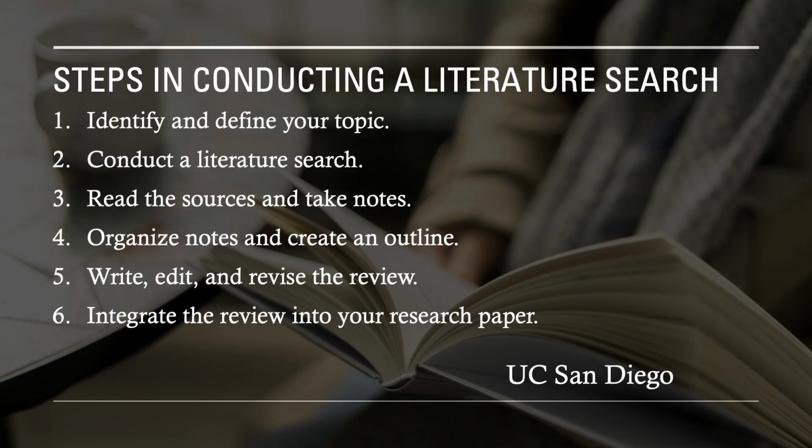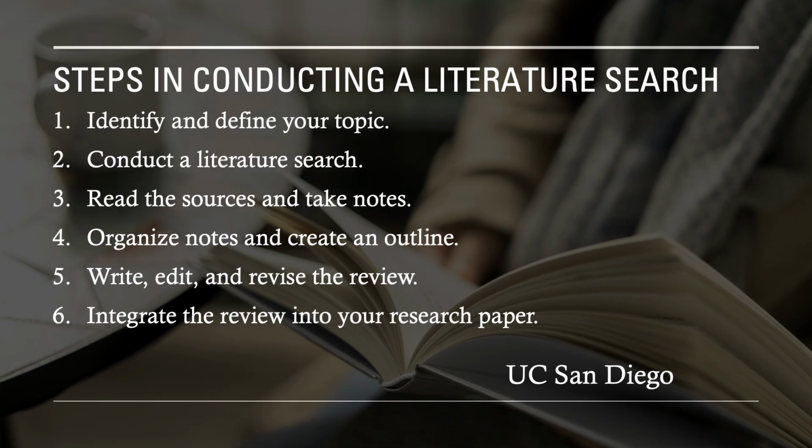Fourth, the researcher organizes the notes and creates an outline. This is the stage where you reflect on what the studies collectively show. Do they agree or disagree? Are there unresolved questions? Will the review be organized chronologically, thematically, or by methodological categories? Creating an outline helps determine the structure of the final review.